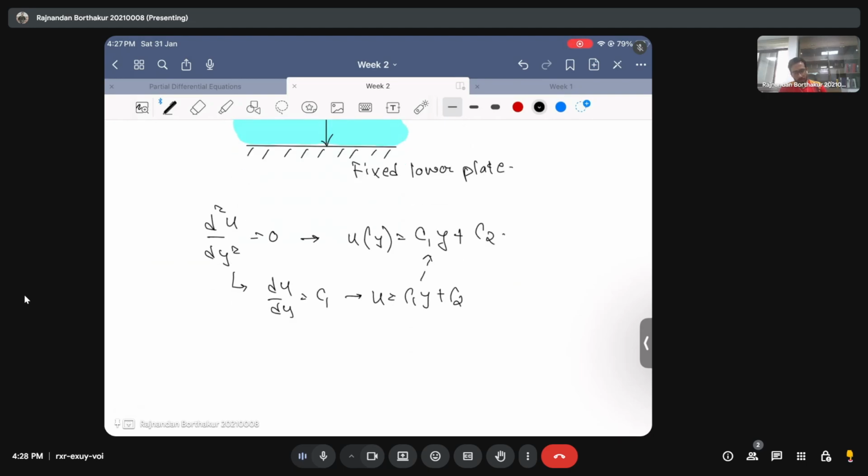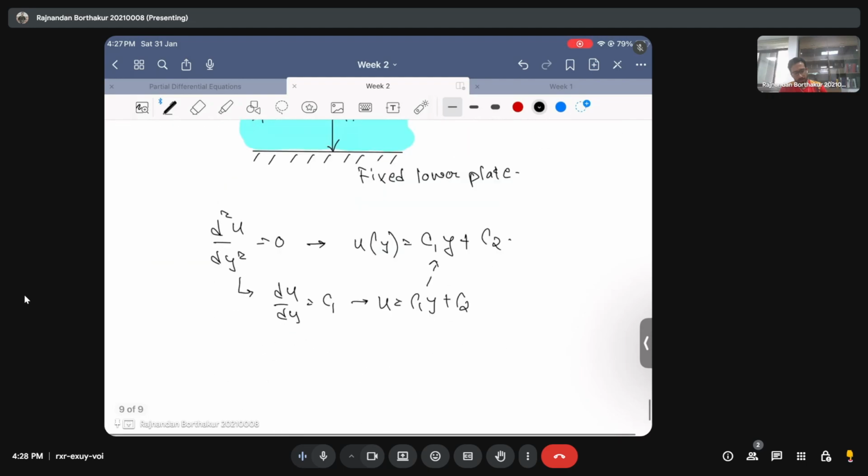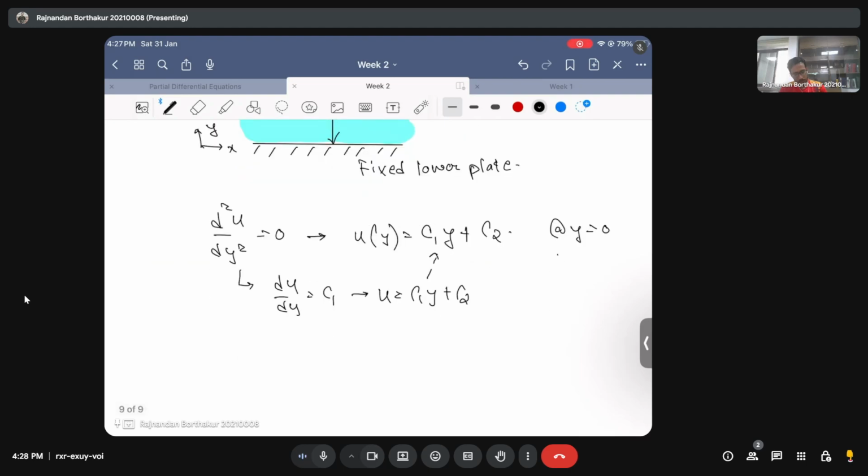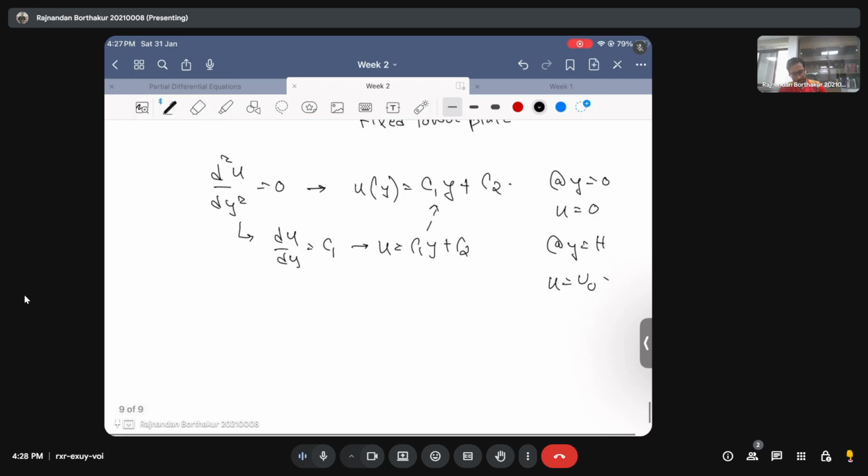Now you just need to apply the boundary conditions. At y equal to 0, u is equal to 0, and at y equal to h, u is equal to u naught. Using these two conditions, u is just going to be u naught times y by h.